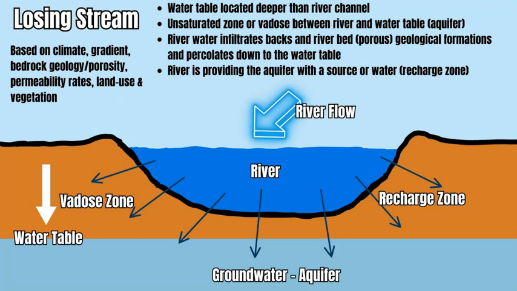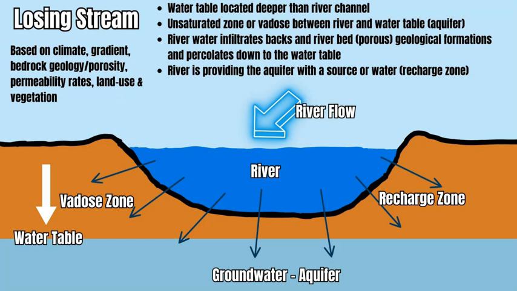This is also dependent on the geology of the rock in which the river and groundwater are flowing through. If it is impervious, there will be no recharge, there will be no interaction between the river and the groundwater. There will be an aquiclude or an aquitard present, which makes the groundwater, in a sense, a confined aquifer.